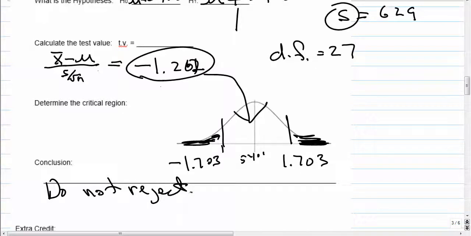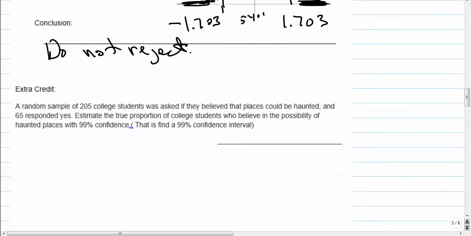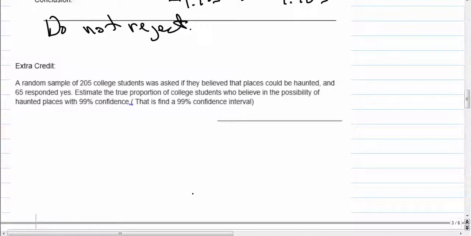The last problem, which I treated as extra credit, is associated with proportions. Now, in this particular problem, we have a random sample of n equal to 205. 65 students believed that places could be haunted.